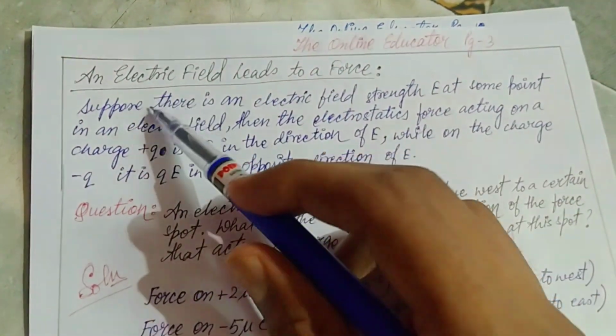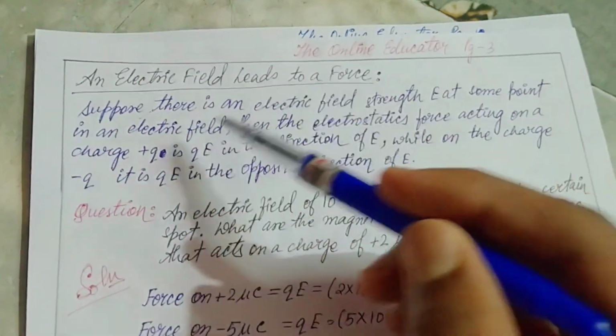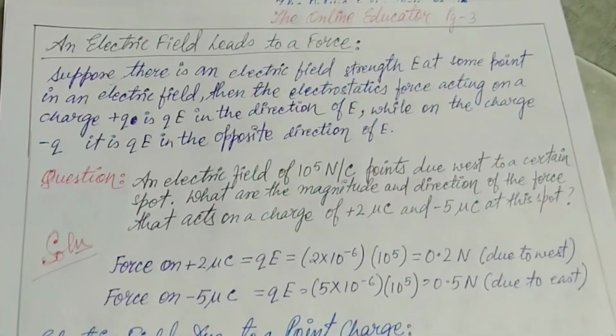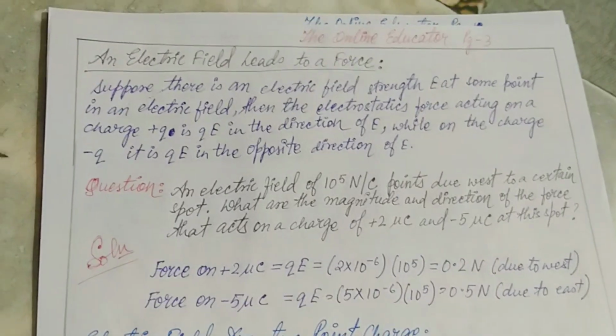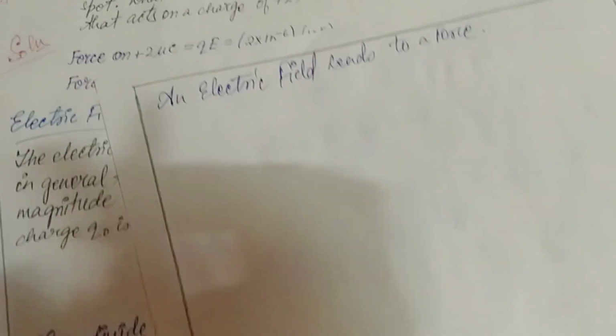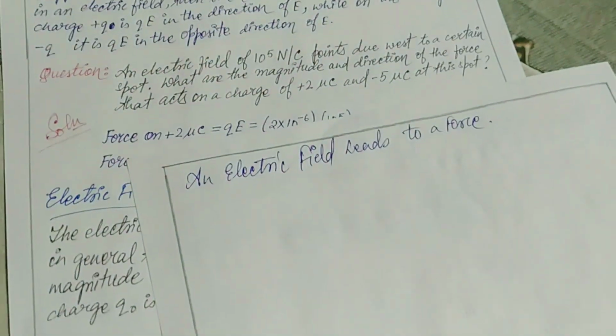Now comes the electric field leading to a force. Suppose there is an electric field strength E at some point in an electric field; then the electrostatic force acting on a charge is F equals QE.